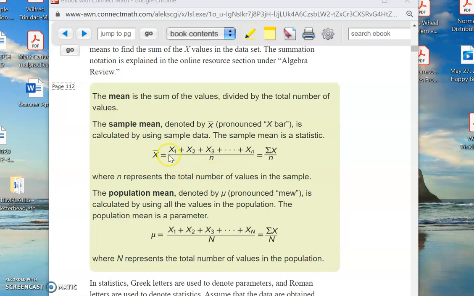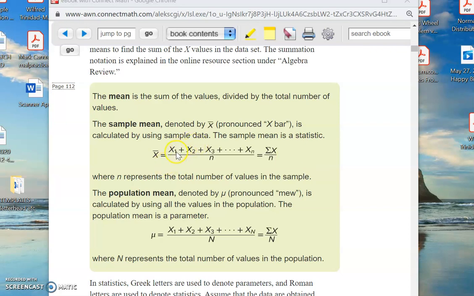These x's, you have x sub 1, x sub 2, and so forth. The 1, the 2, and so forth, those are called subscripts. S-U-B-S-C-R-I-P-T-S, subscripts. These subscripts are merely used to identify which data points we're talking about.